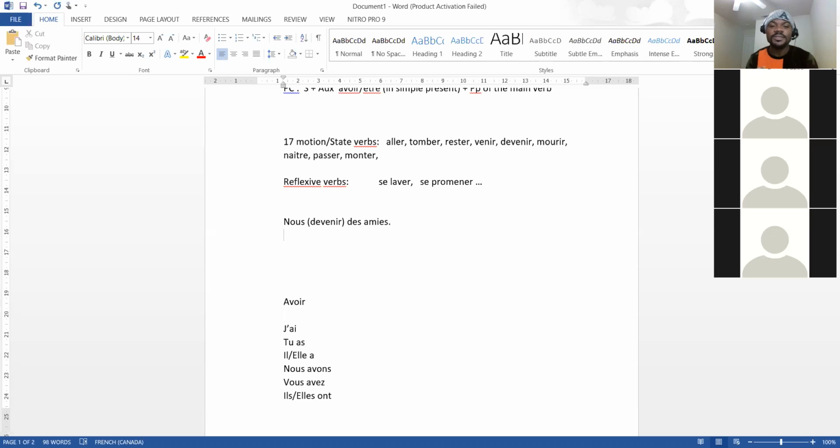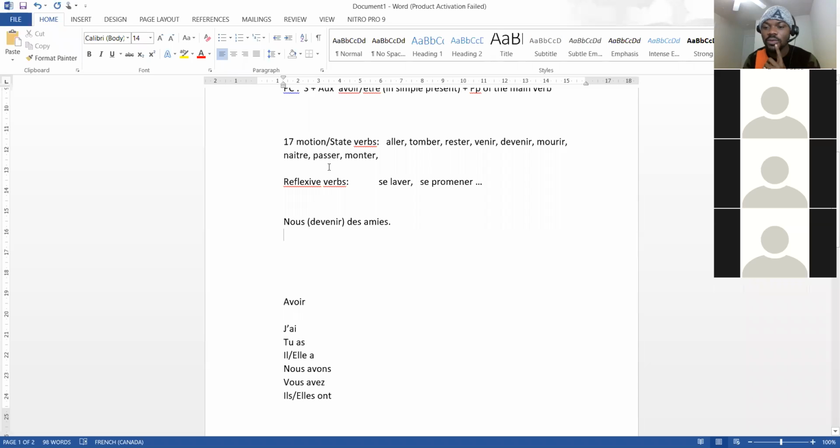Now let's look at this. Nous devenir des amis. That's the sentence. You are asked now to put this sentence in passé composé, in past tense. D'accord? Mettez le verbe au passé composé. It'll be something like that. Devenir means to become.